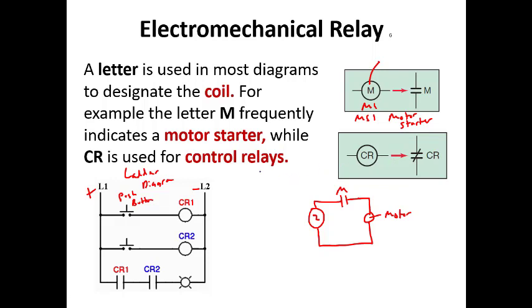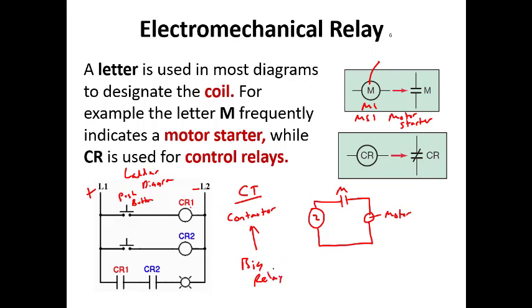CR stands for control relays. So you hear control relay 1, control relay 2. So that depends on the application what we call the coil. The other one that you'll see sometimes is CT. CT stands for contactor, and a contactor is basically just a big relay.